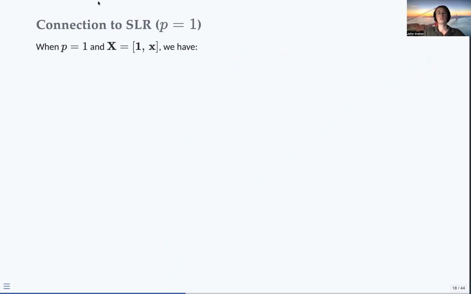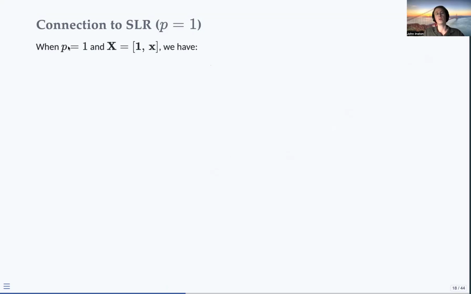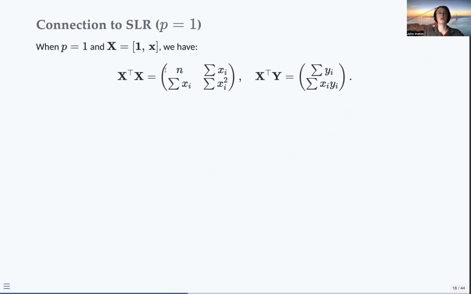To quickly highlight the connection to simple linear regression, we note that when we set p equals 1 and the design matrix x is simply the column of ones and a single column for x, we can quickly write that x transpose x is n, because it's a sum of 1 times 1s, which is an n-length sum of 1 times 1s, which becomes n.